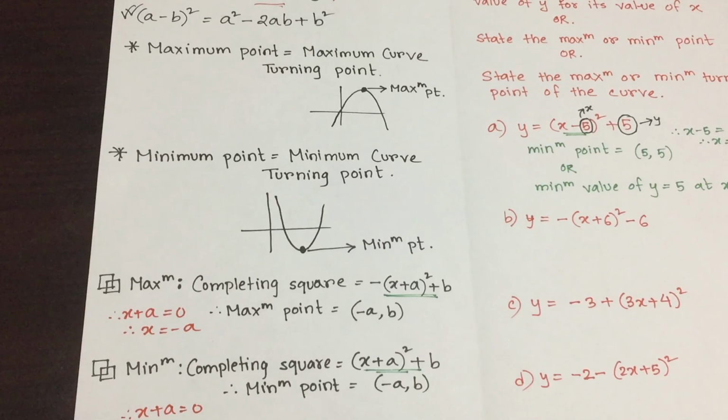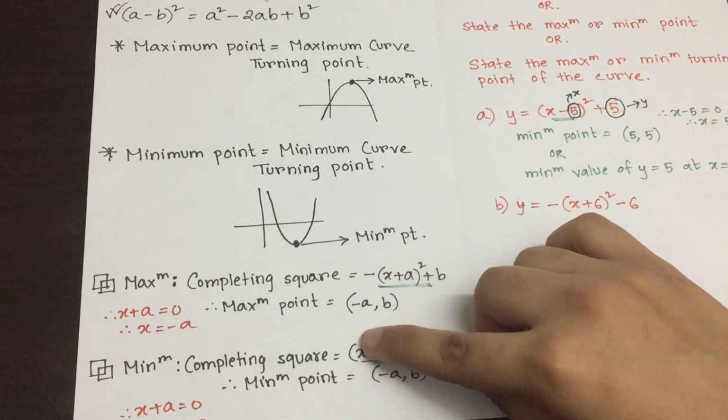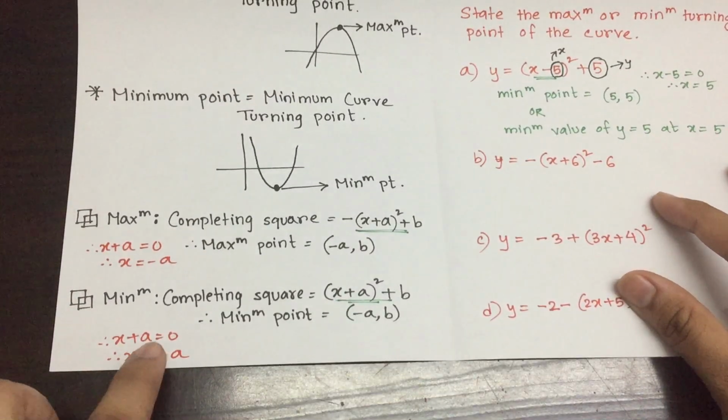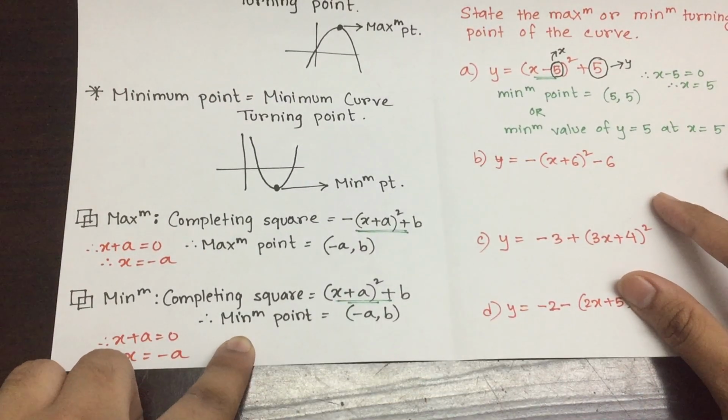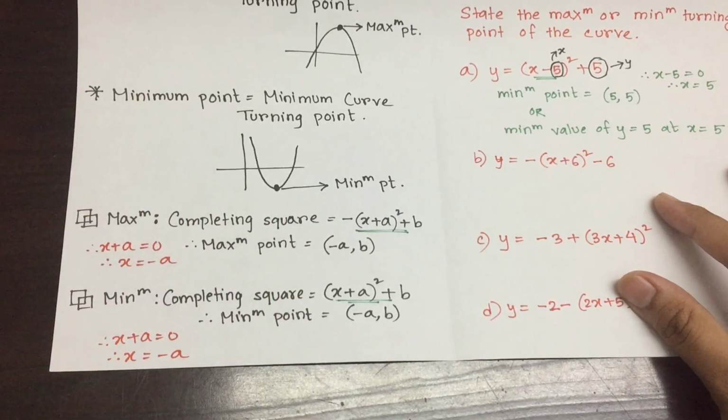And if there is a positive sign before x square, you will know that this is a minimum curve. So by seeing a negative or a positive, you can easily identify whether the equation is of a maximum curve or a minimum curve.